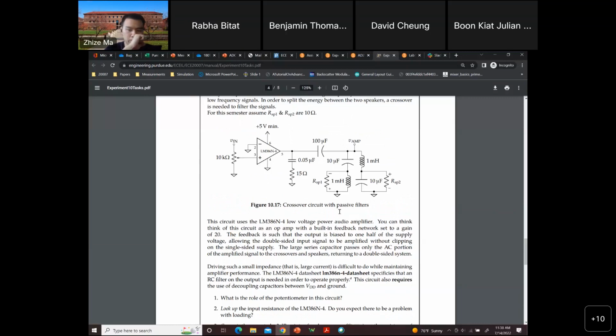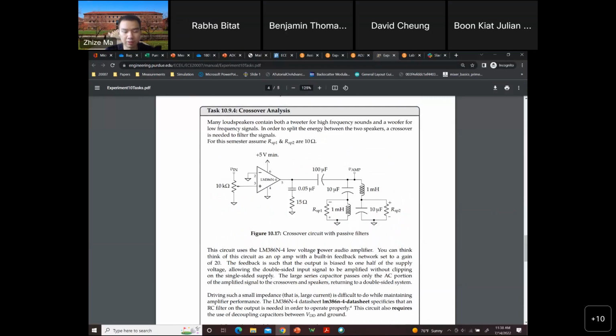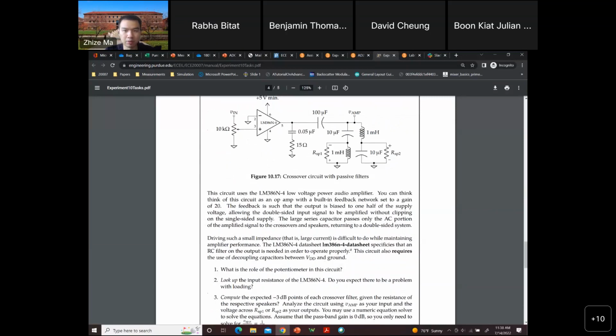It is hard to make this work with the AD2 because this chip requires a lot of current, which the AD2 may not be able to provide. But if you want, you can still build the filter part. This is the filter part. You can still make this work.